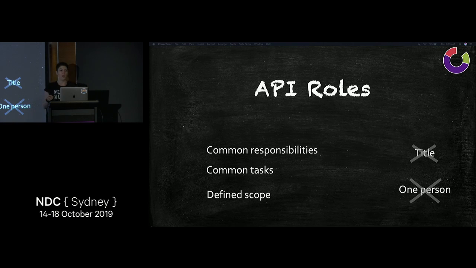So when we say role, we want to talk about these common responsibilities and common tasks that they do in a defined scope, because the job has to be done. It doesn't matter where you are or what company, the same thing has to be done. We talked about those work domains. When it's strategy, it should be done.